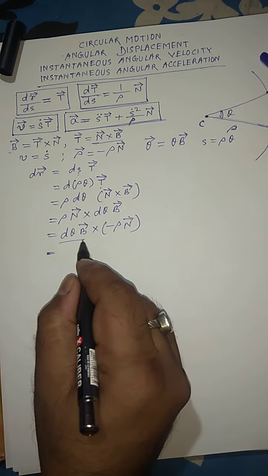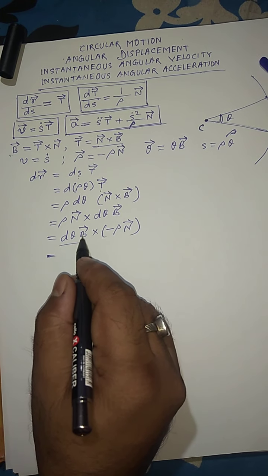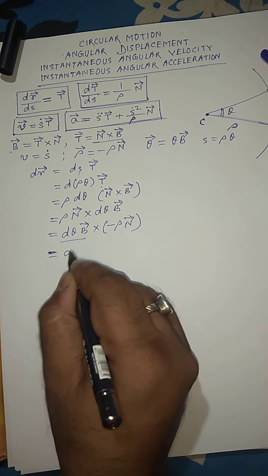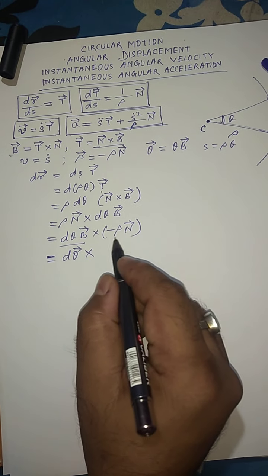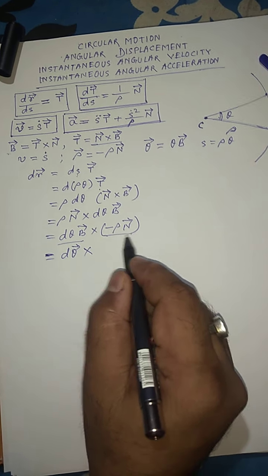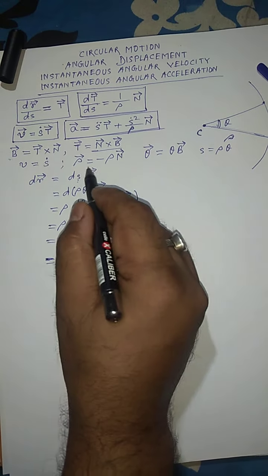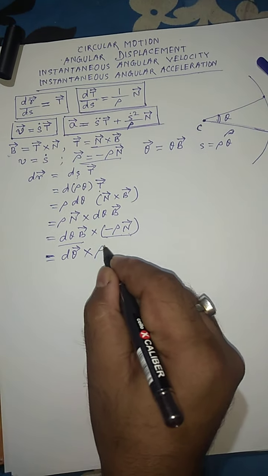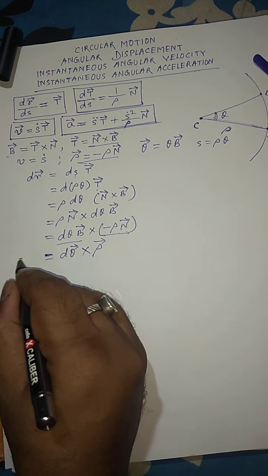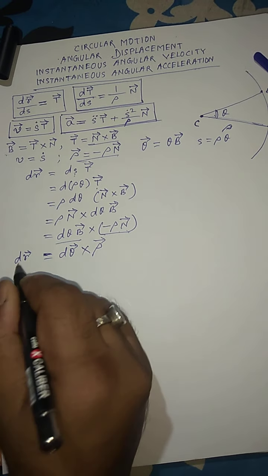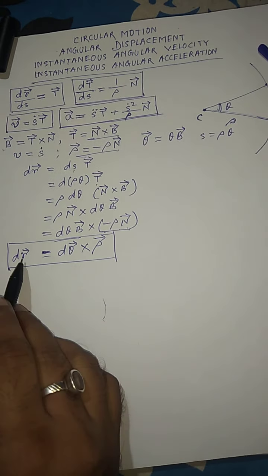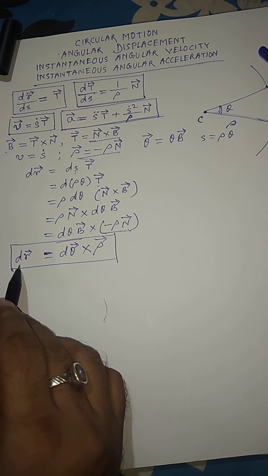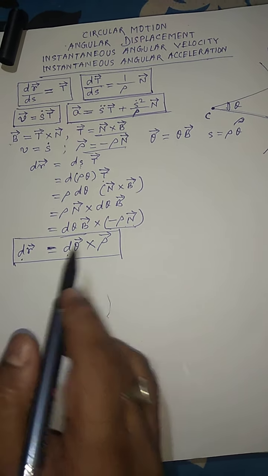In place of d theta vector b we write d vector theta cross, in place of minus rho vector n we write vector rho. And this is the relationship between the linear displacement and the angular displacement.